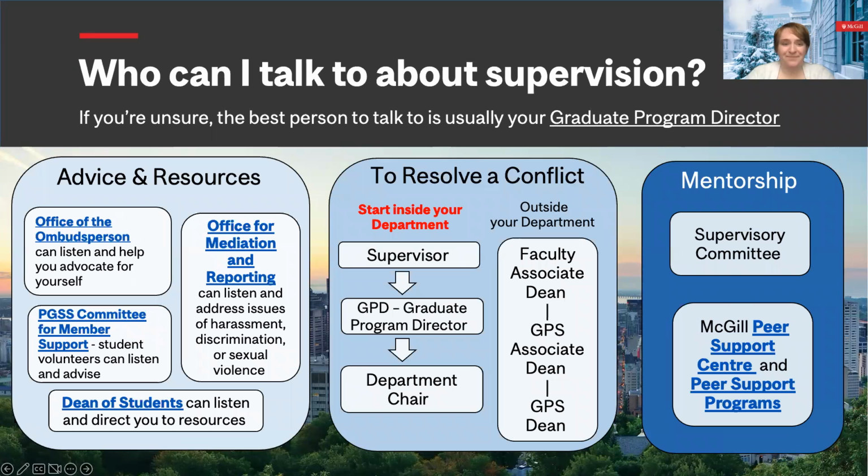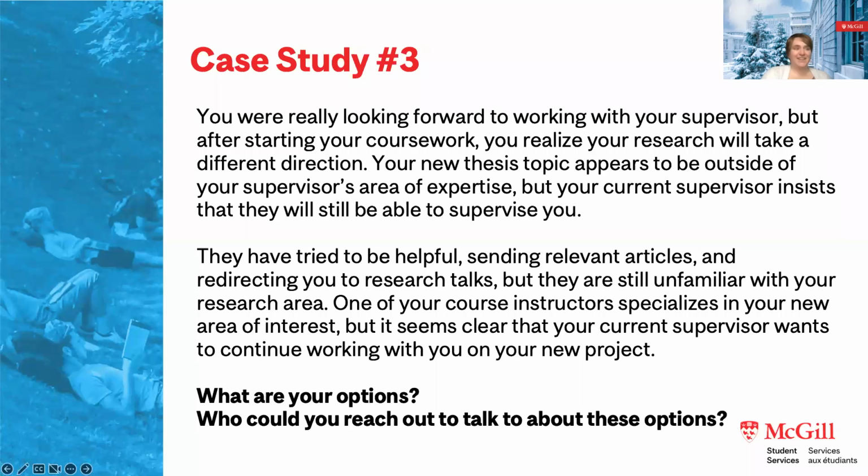Okay. We're going to move on to case study number 3. Case study number 3. You are really looking forward to working with your supervisor, but after starting your coursework, you realize your research will take a different direction. Your new thesis topic appears to be outside of your supervisor's area of expertise, but your current supervisor insists that they will still be able to supervise you.